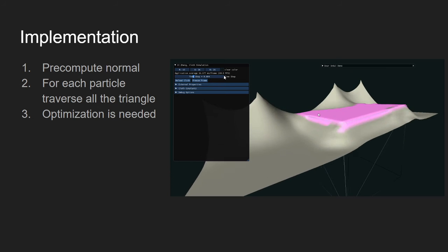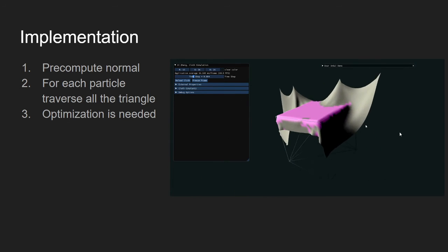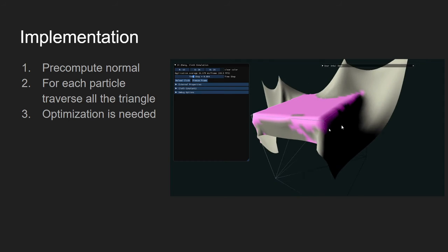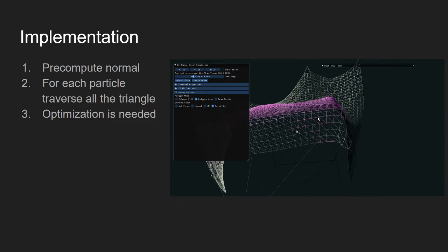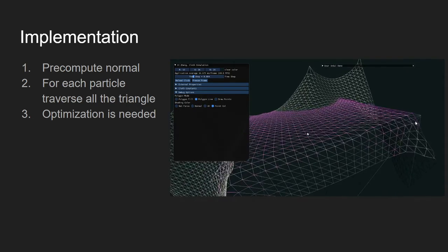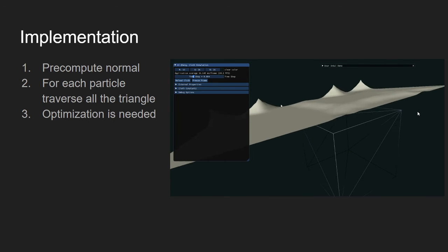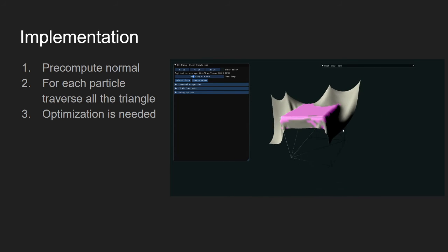The frame rate you can see right here is not low because the object is just a cube, so there are not a lot of triangles involved. Also, you can see right here there's this clipping issue, so the cube is clipping through the cloth object. That is because the resolution of the cloth is not very high.